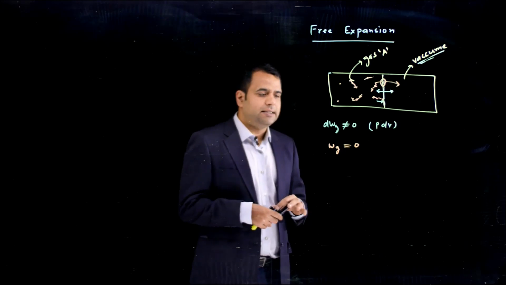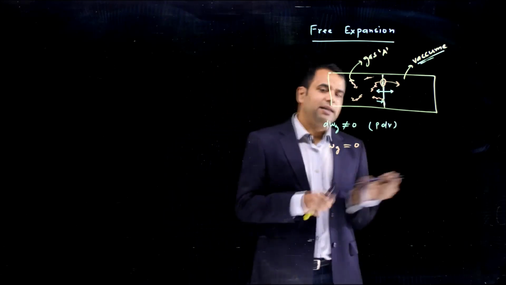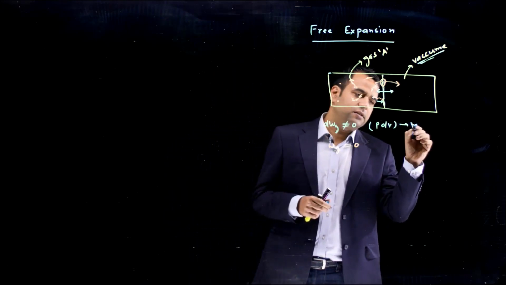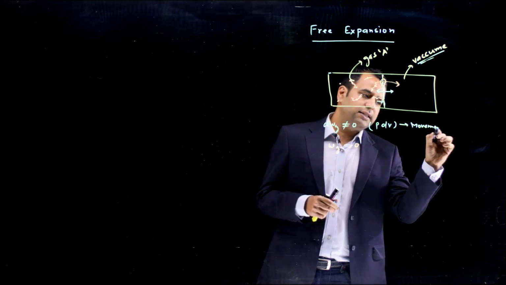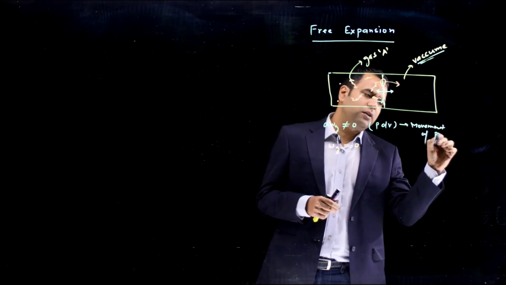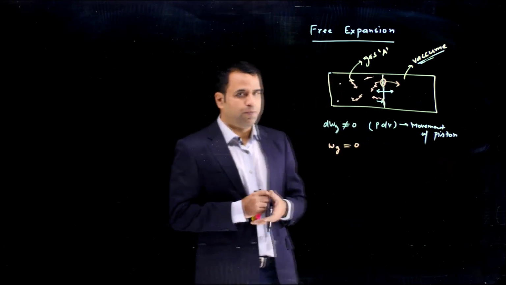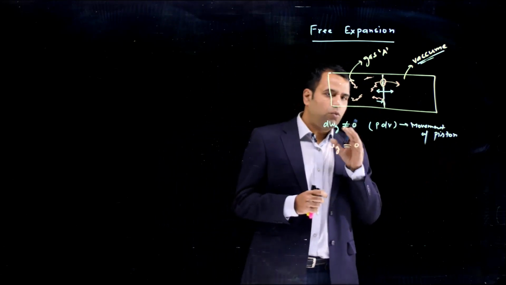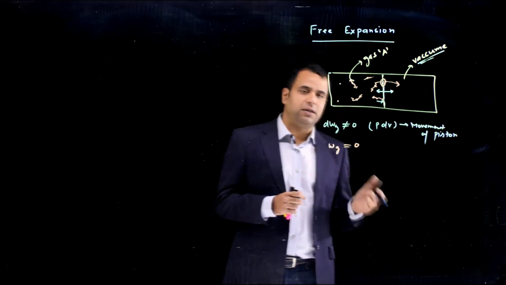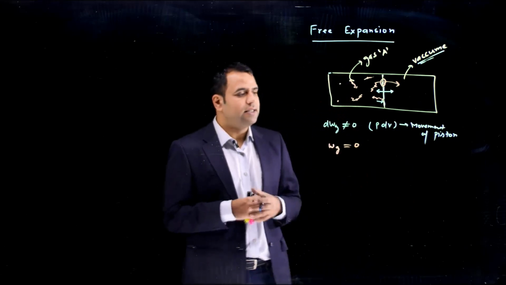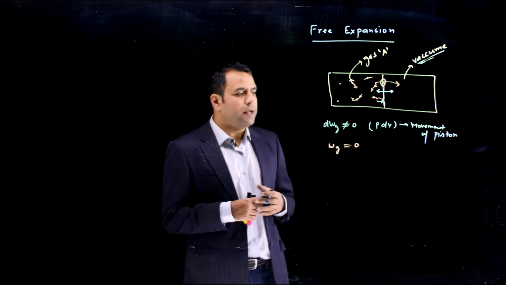So work done by gas, in case of movement of piston, or you can say movement of boundaries, is non-zero. When the volume is changing with the movement of piston or with the movement of boundaries, the work done by the gas comes out to be non-zero.